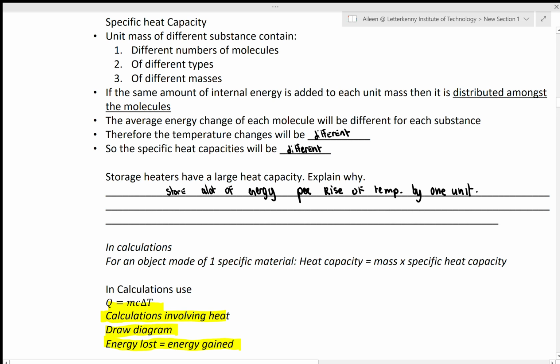So this means that storage heaters can store a lot of energy before their temperature changes by 1 degree. This also means that they release this energy slowly as well. So they lose energy very slowly too.